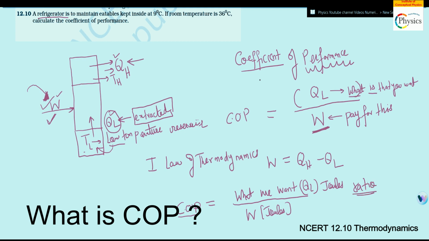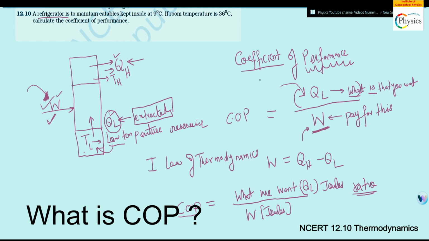Now let's talk about the numerical, right? We have linked everything we could. I will just convert all of this into a formula. We will not do derivation today of coefficient of performance. Currently, the coefficient of performance has been linked to the heat which you're extracting from the low temperature reservoir and the work done.